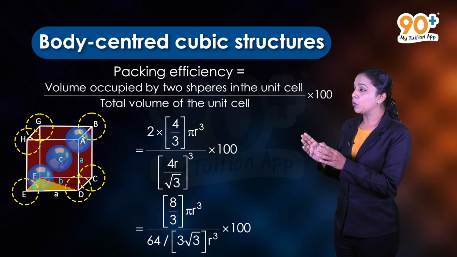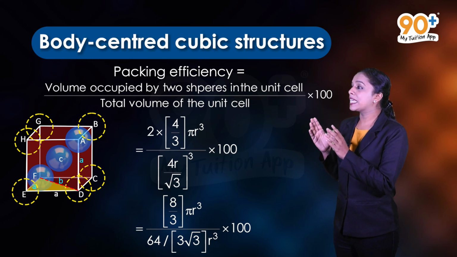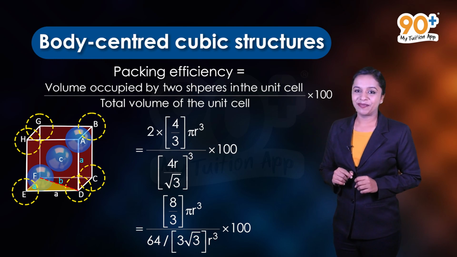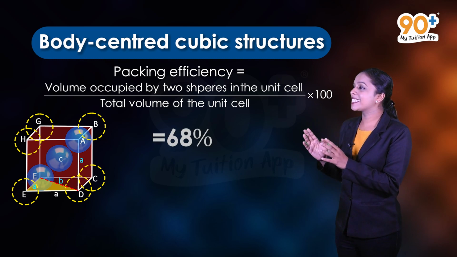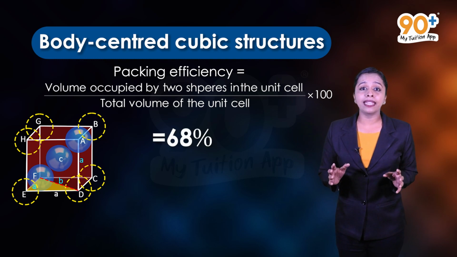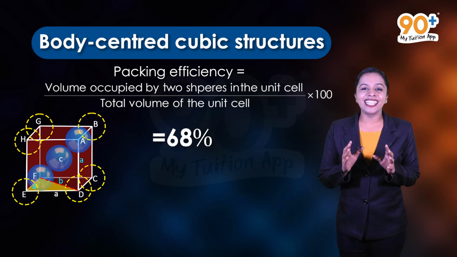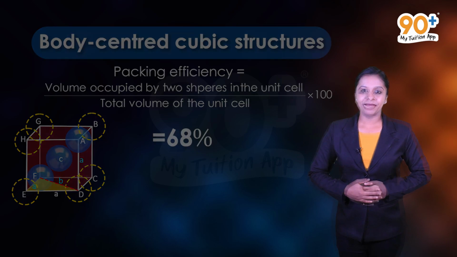That is equal to 8 by 3 pi r cube divided by 64 divided by 3 into root 3 into r cube into 100. That is equal to 68%. Thus, we can say that the packing efficiency of body-centered cubic structure is 68%.